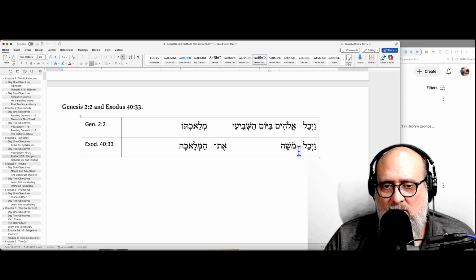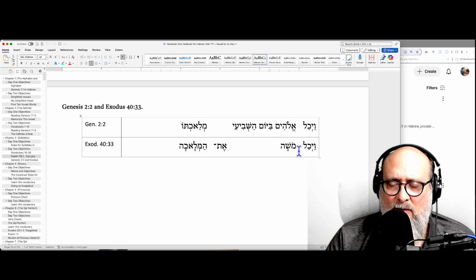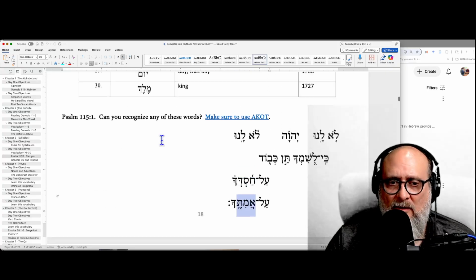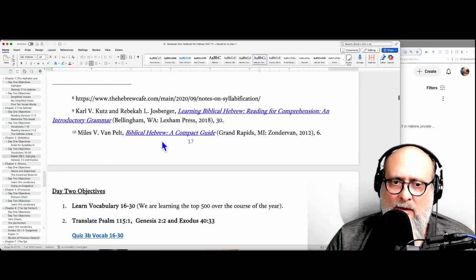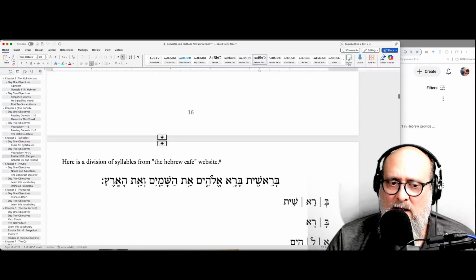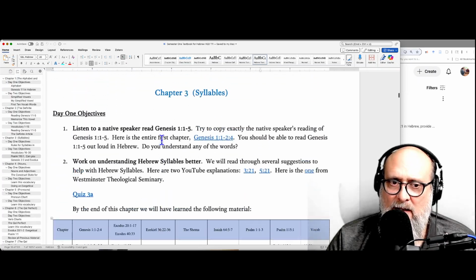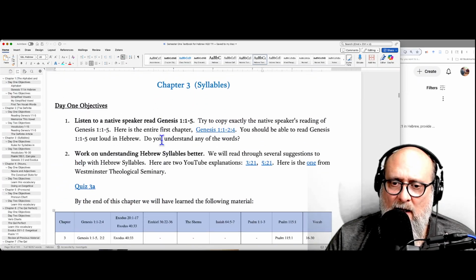So it's led a lot of people to believe that Genesis 1 is presenting the universe as a cosmic temple. So not too hard of a chapter. We're still kind of getting our sea legs, just reading. And so you want to do that.